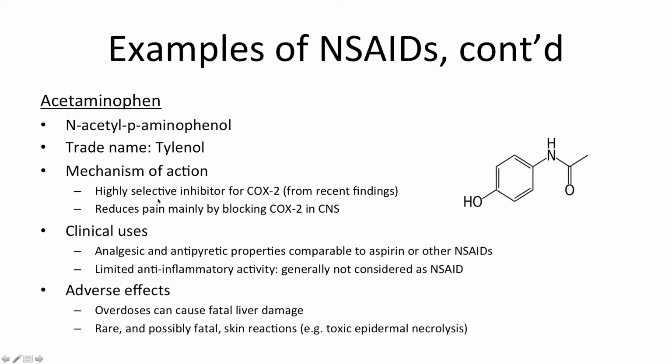Acetaminophen is a highly selective inhibitor of COX-2, and this is from recent scientific findings. It reduces pain mainly by blocking COX-2 in the central nervous system, and it has very limited peripheral anti-inflammatory activity.